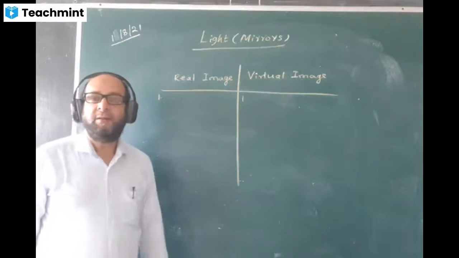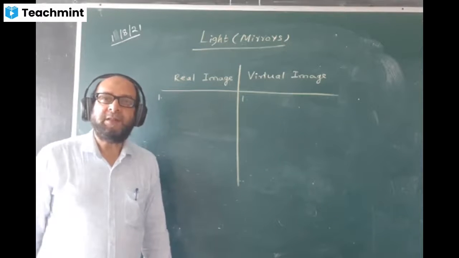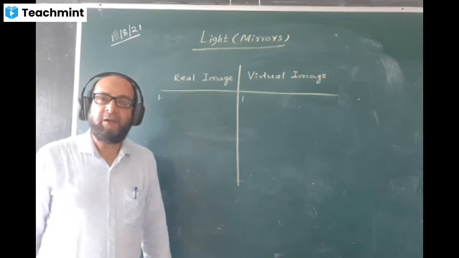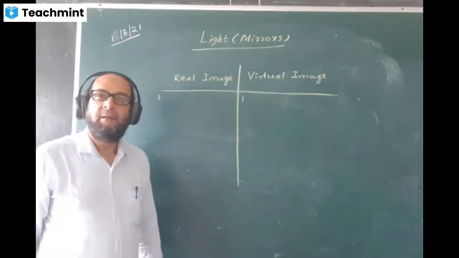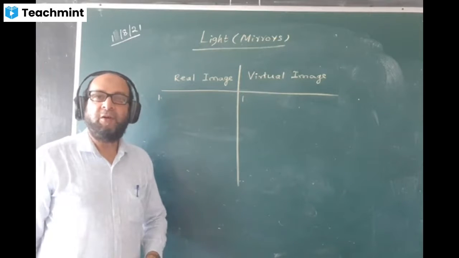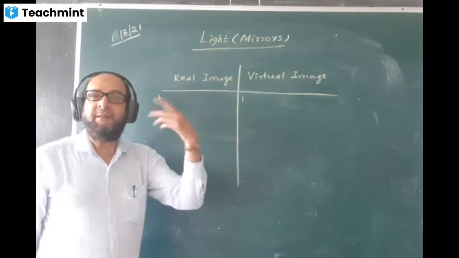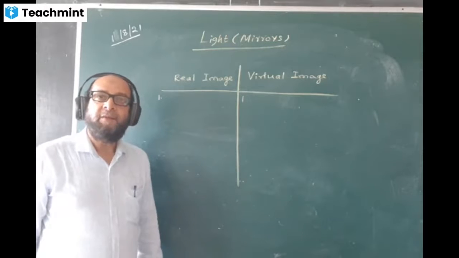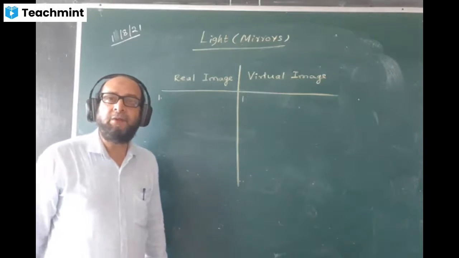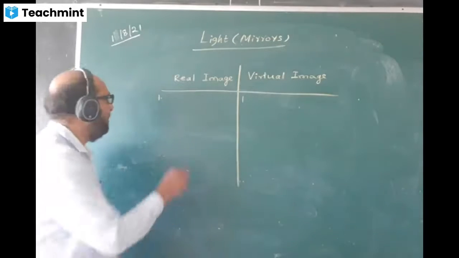And here you write, it is formed when the rays of light after reflection or refraction appear to meet. They do not meet actually, but they seem to be meeting here. This one is the virtual image.